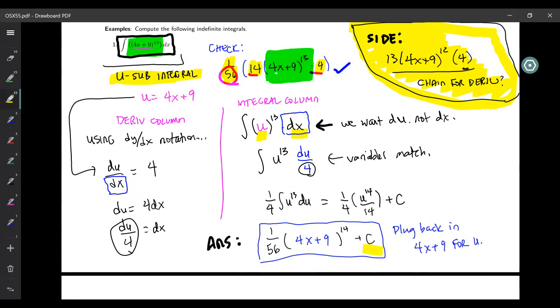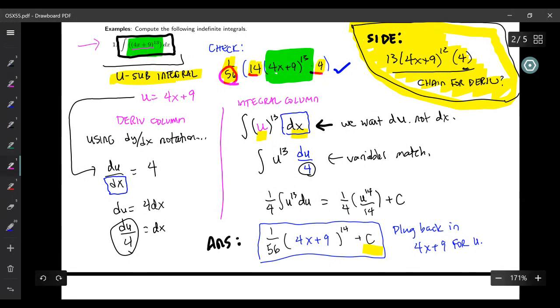So the things I highlighted at the overview: first thing is that you look for a U, which is in the parentheses. The next thing is you want your variables to match. So if you have u dx, you want to get rid of the dx.